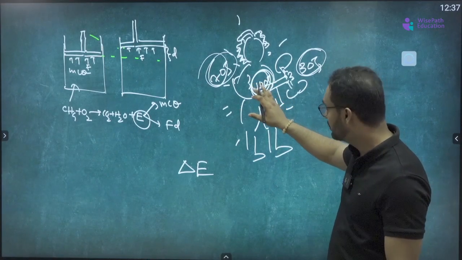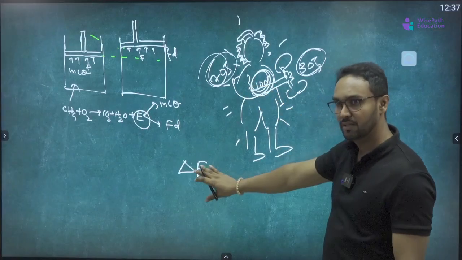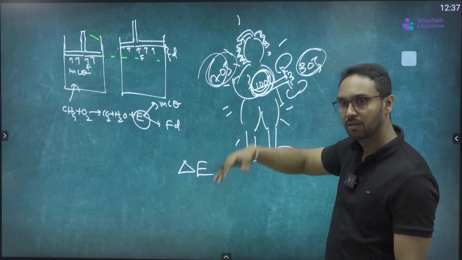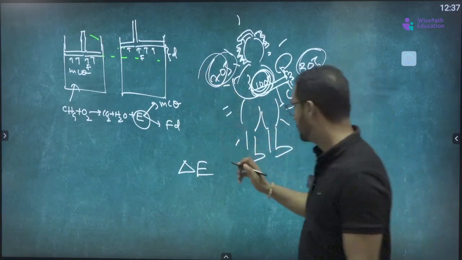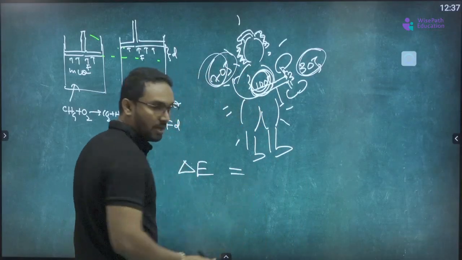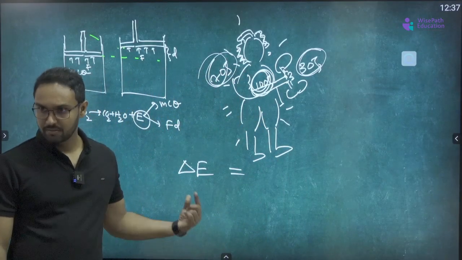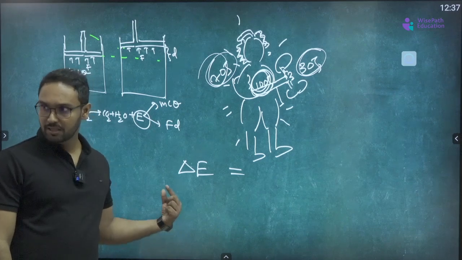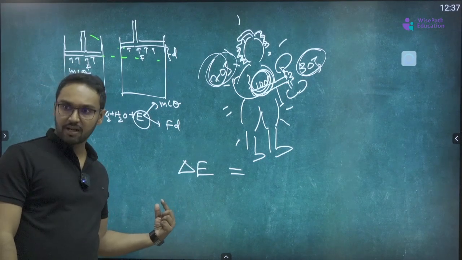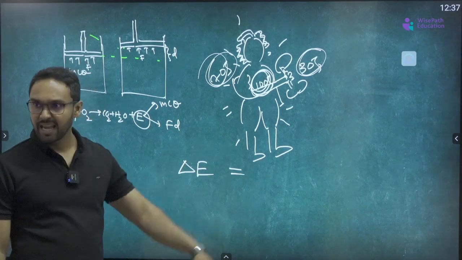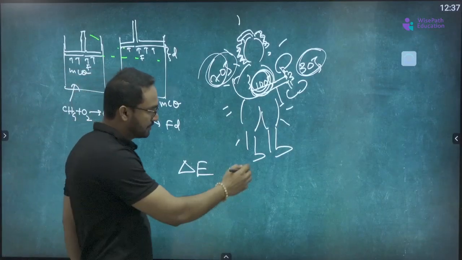So the 100 joules of the system was changed or transferred, right? To where? To the environment. The internal energy was transferred from the system to the environment. How?